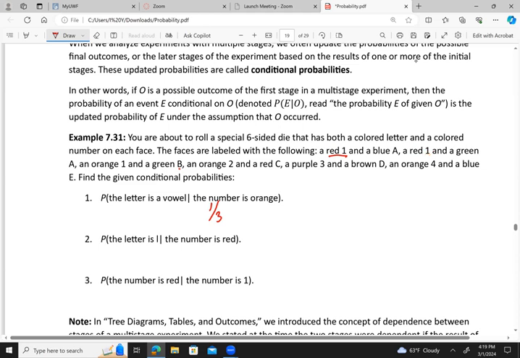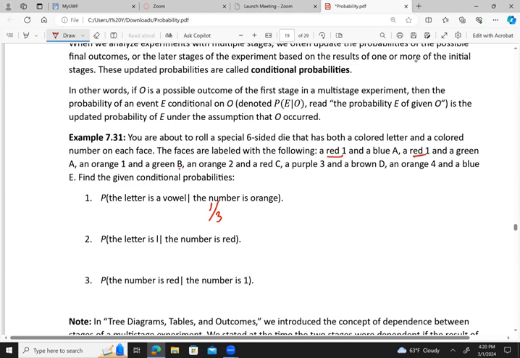Be careful doing these. It's easy to get backwards here. I have a red 1. Any more red numbers? There's a red letter.